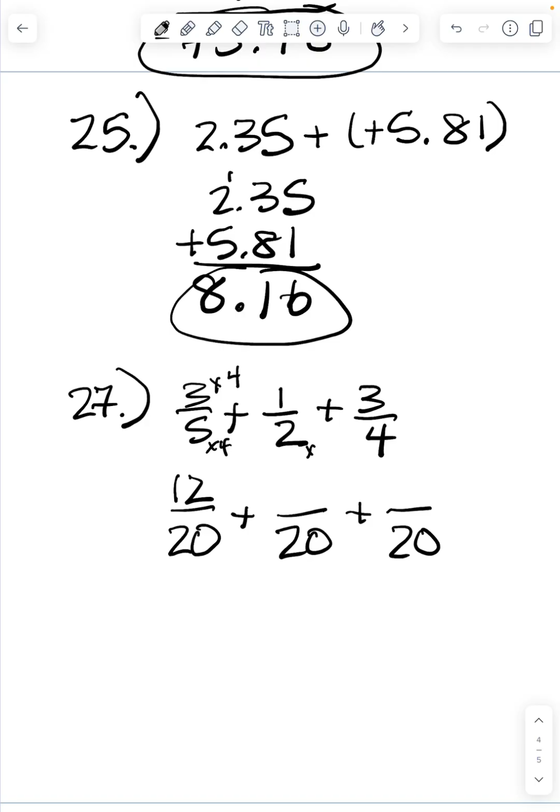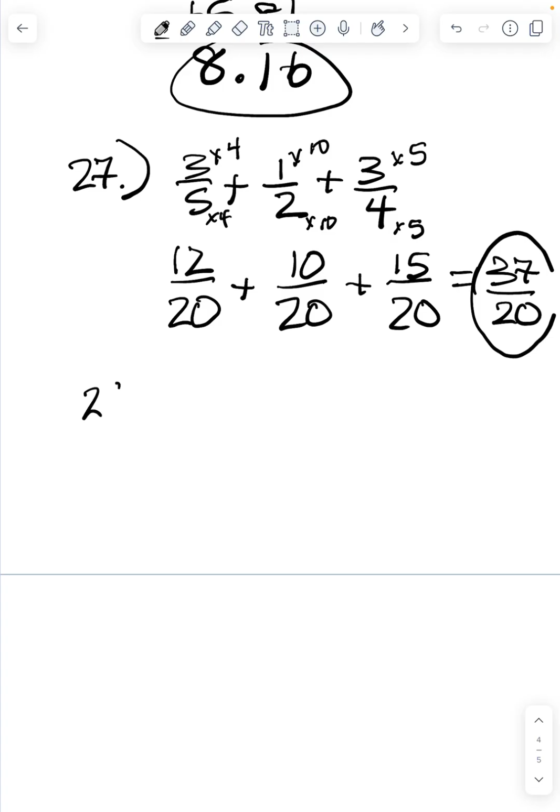Middle fraction, you need to multiply by 10. So that's going to be 10/20. Last fraction, I need to multiply by 5. Gives me 15/20. All right, so that means I've got a 12 plus a 10 plus a 15. That's 37/20.